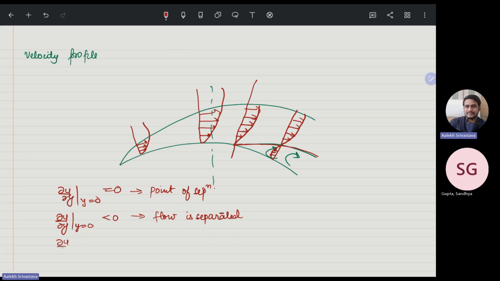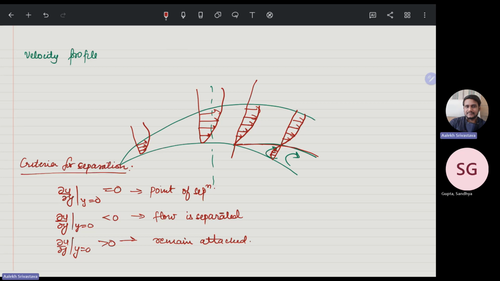And if del u by del y at y equal to 0 is greater than 0, we say that the flow is not separated or remains attached. So this is the criteria for separation.